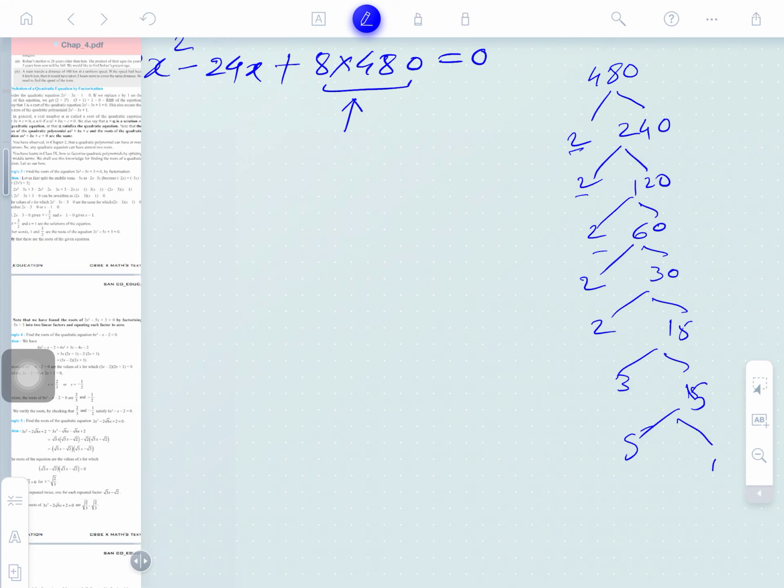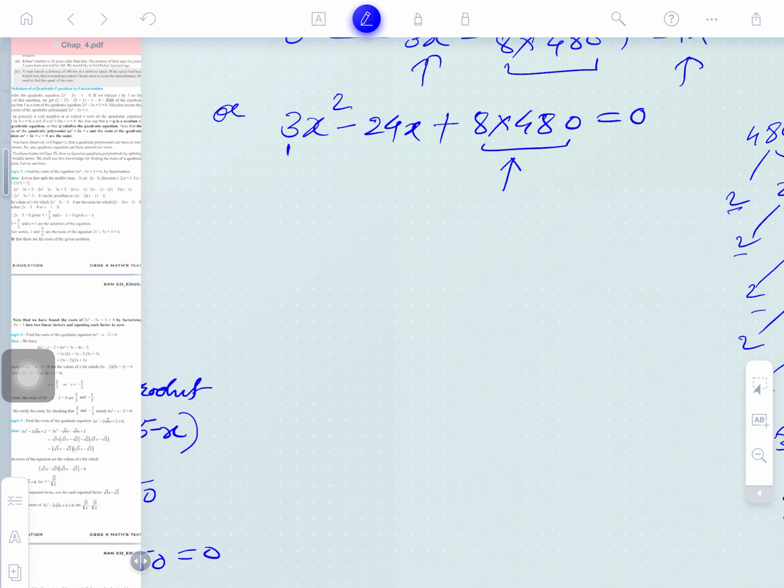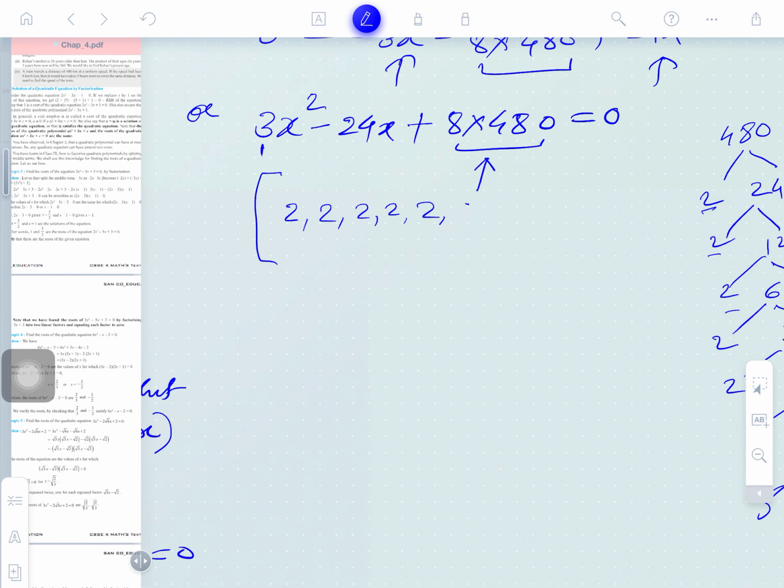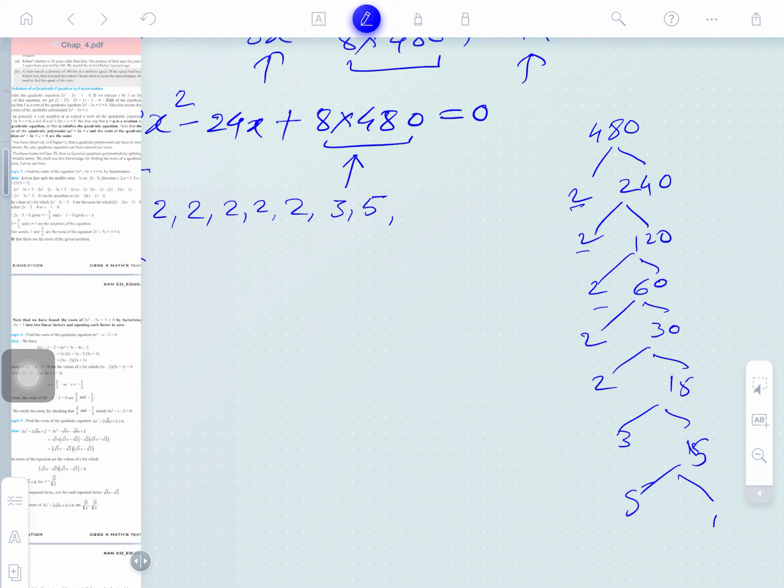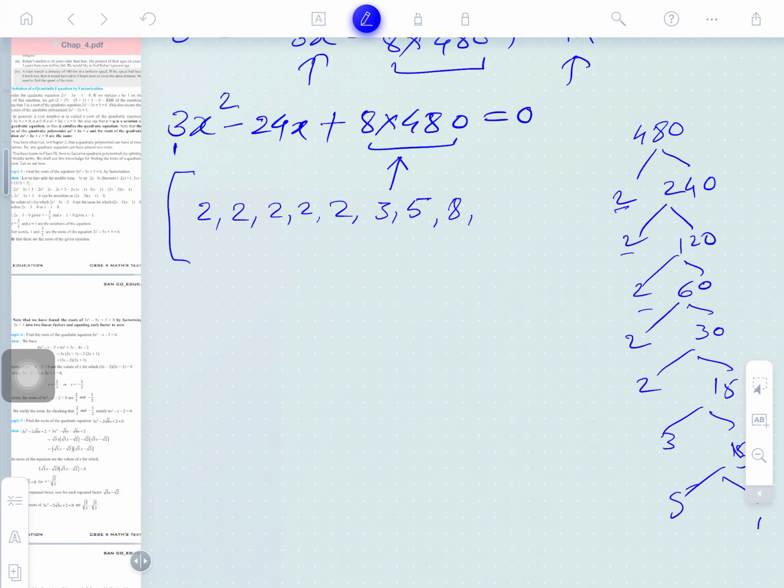And 8 is there also, and 3 is also here. So this is 480 into 8 into 3.